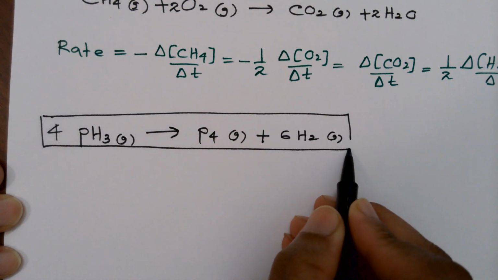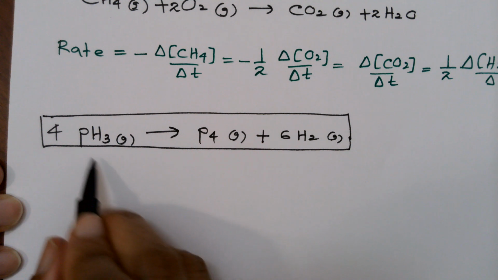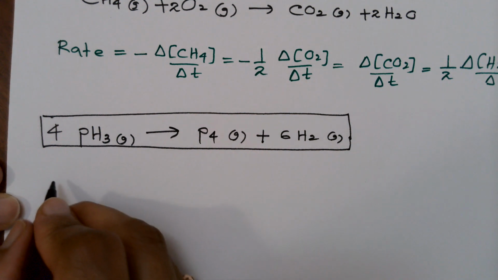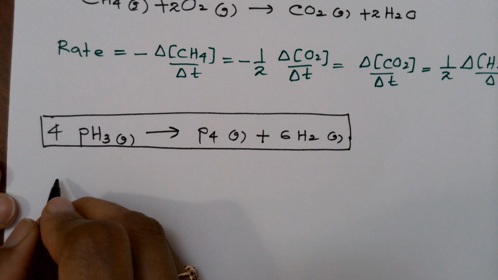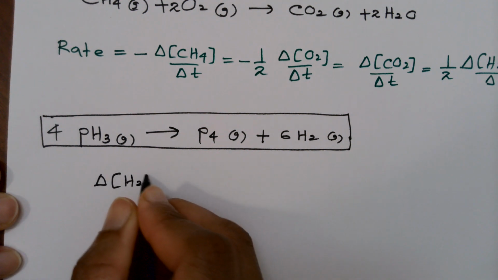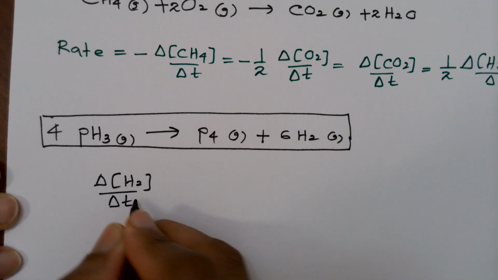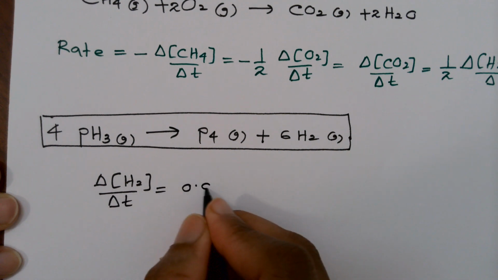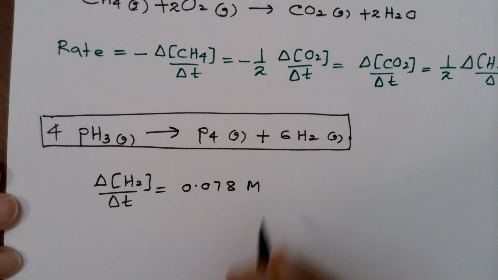For this chemical reaction, the phosphine decomposition reaction, the rate of appearance of hydrogen, or change in concentration of hydrogen with time, value is given as 0.078 molar.